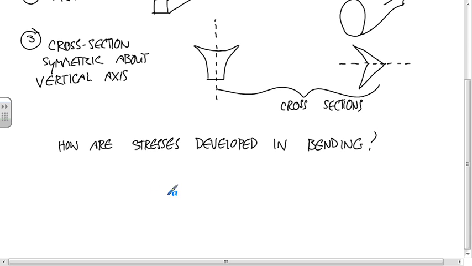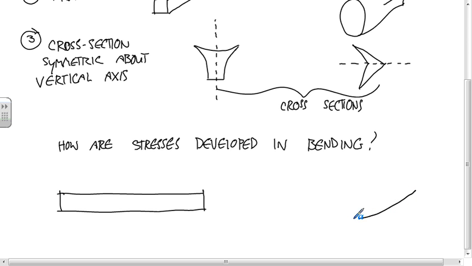If your undeformed shape is this, and after deformation, this is exaggerated because this wouldn't be a small deformation, after deformation, it looks something like that.